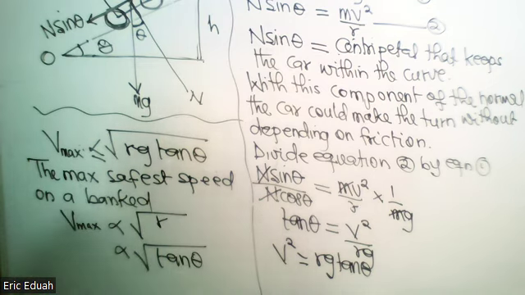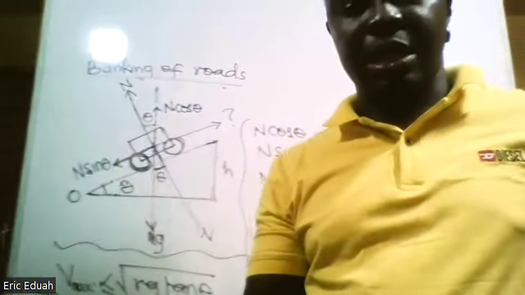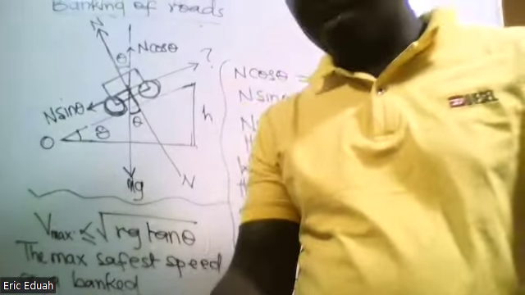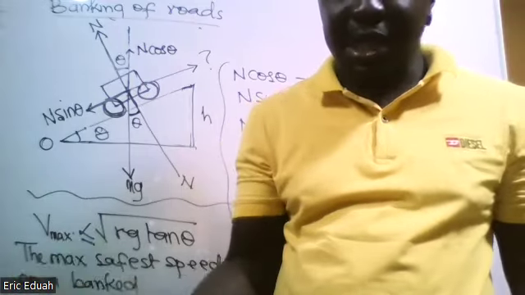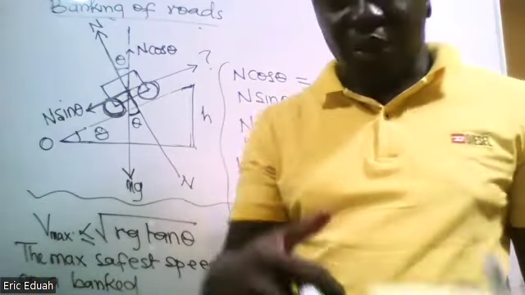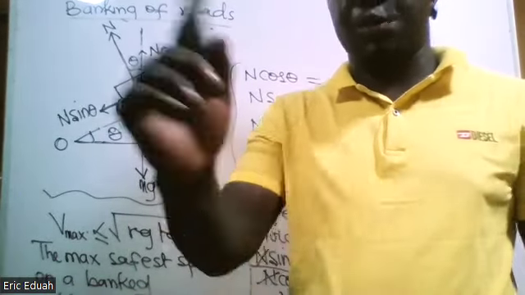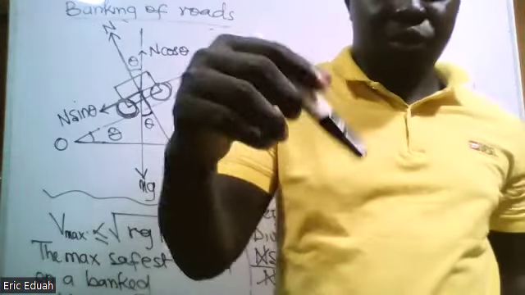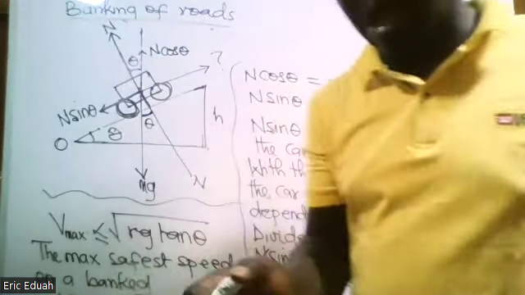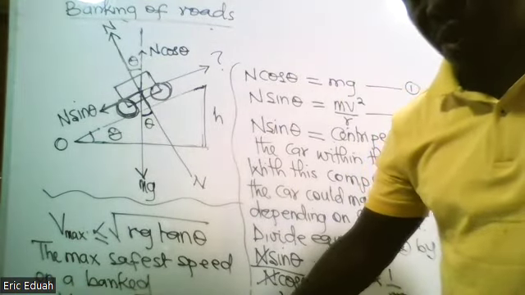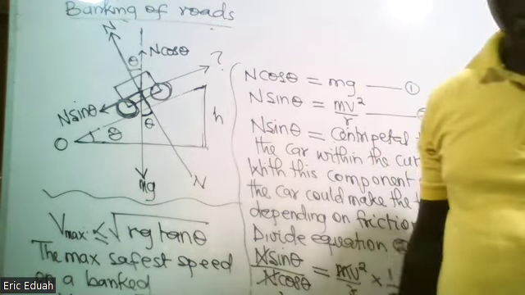So in road safety application, when drivers are entering a banked road, they usually indicate the maximum speed before you enter: maximum speed allowable here is equal to so and so. Those calculations are from what we've done. The v depends on the angle and then the radius.